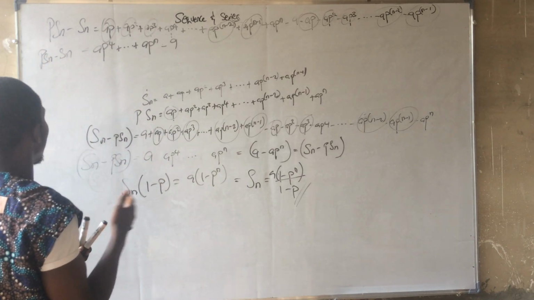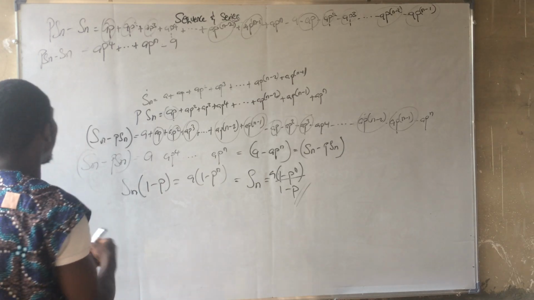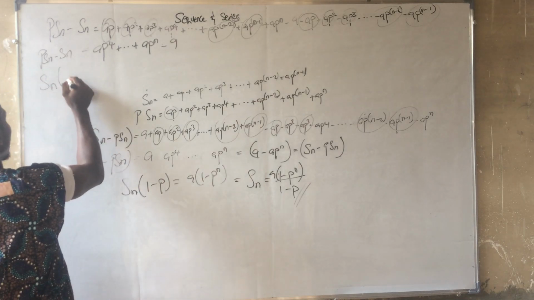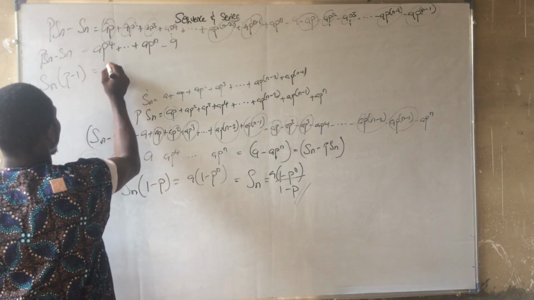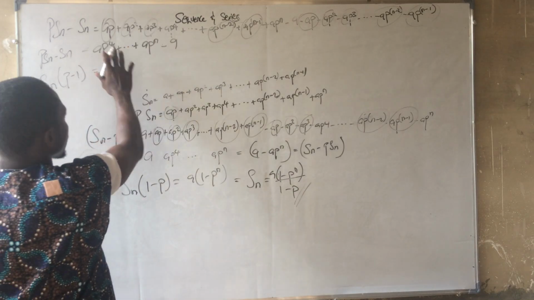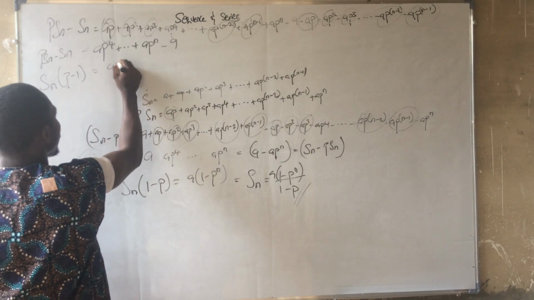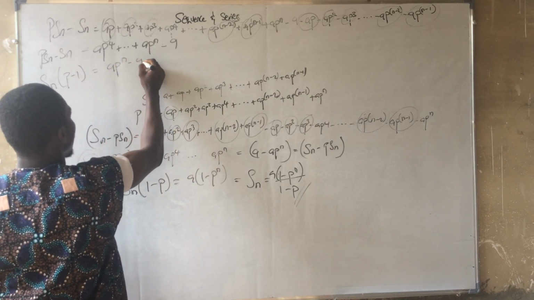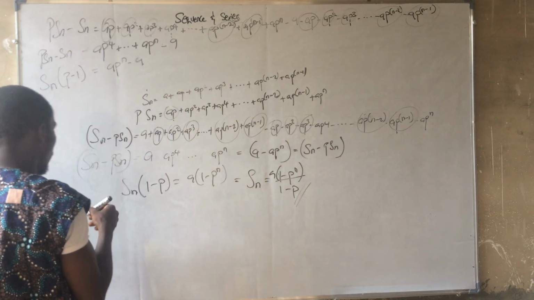Since we are looking for the sum to n, we bring out Sn times p minus 1 to be equal to ap raised to the power n, which is bigger than this, so we say ap raised to the power n minus a. We'll discard this one because we don't need it.